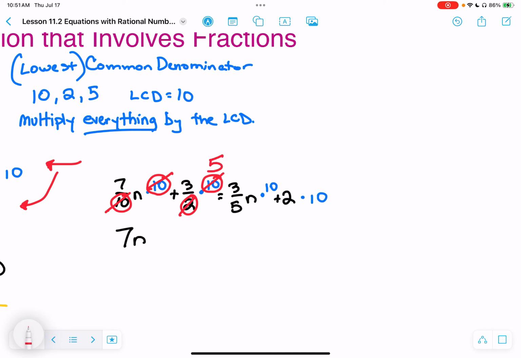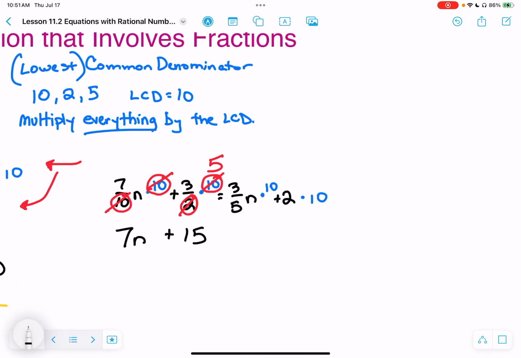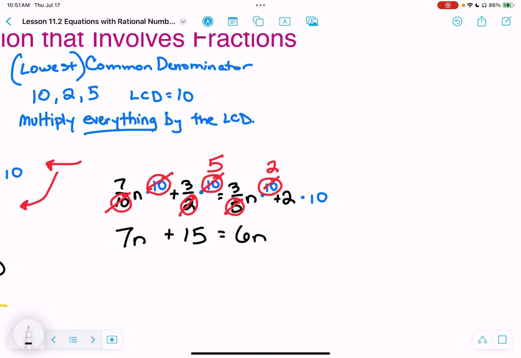So we'll have a 3 times 5, which is going to give us 15. Here, we had a 10 in the top and a 5 in the bottom, and 10 divided by 5 is 2. So we had 3n times 2, which is going to give us 6n. And then, of course, 2 times 10 is just 20.